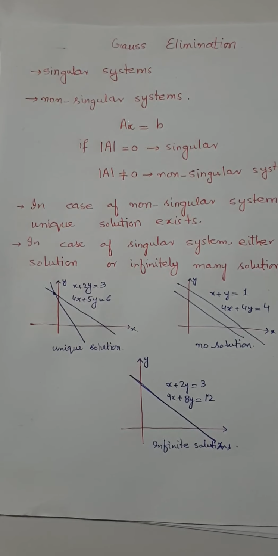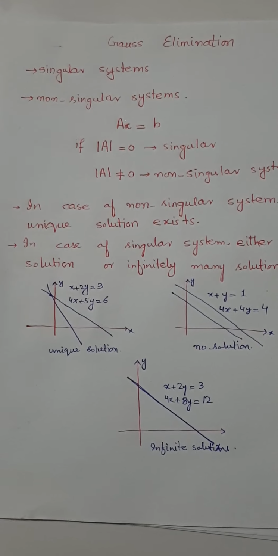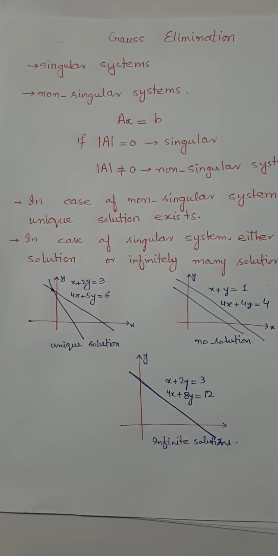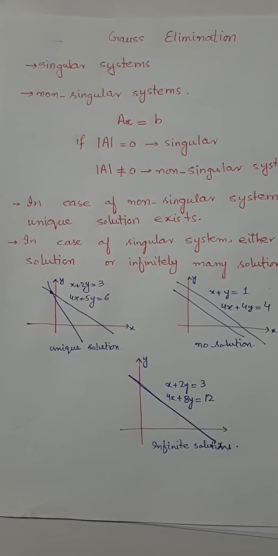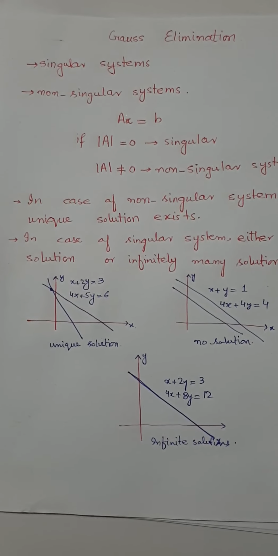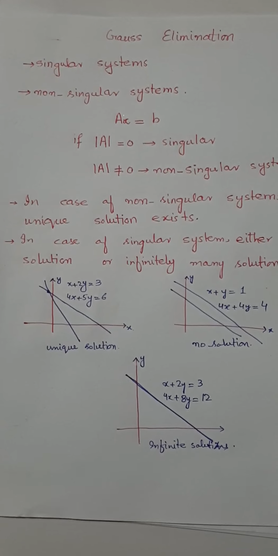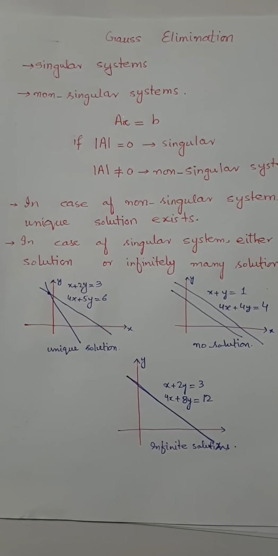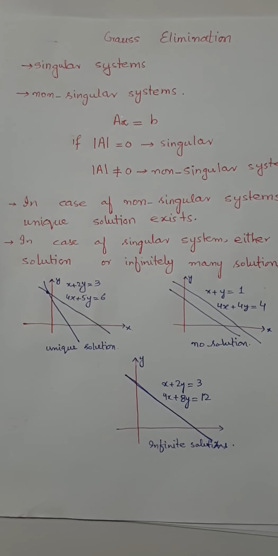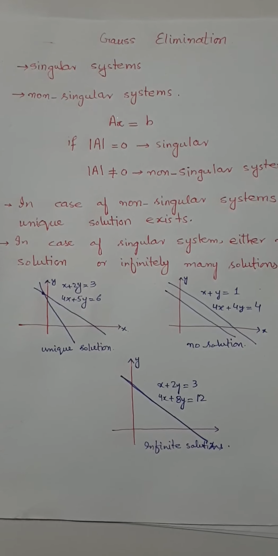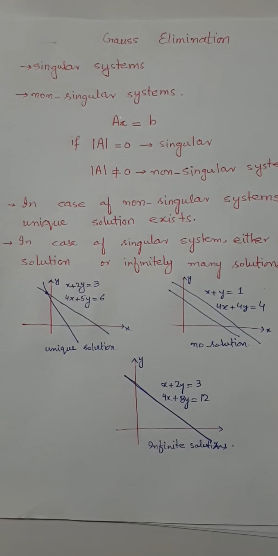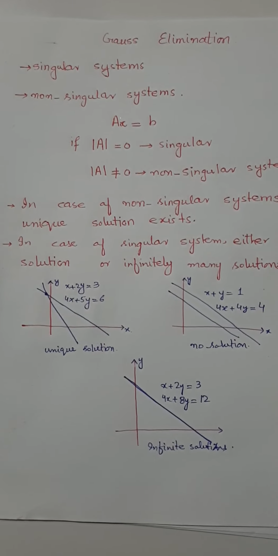Here I have depicted all these three cases in the form of equations. We are discussing a system of two equations. In the first case, when the unique solution exists, we have two equations and they both intersect at a single point, which is the solution of the system.